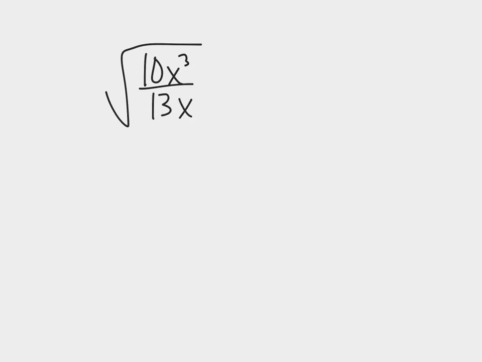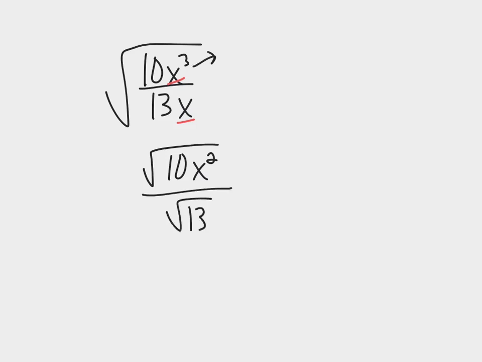So this one, like the problem I had earlier, you could actually reduce the x's down first if you want to. So it's kind of like we canceled out one of our x's. So if one of the x's cancel out, we've got still x squared on top.